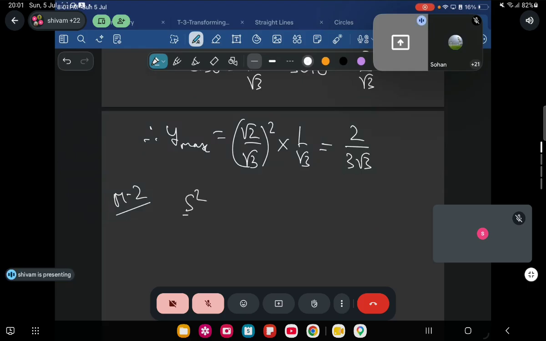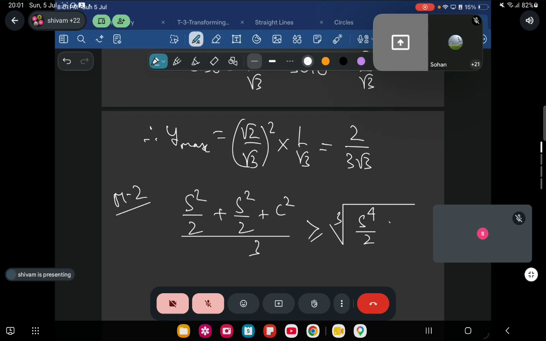Let us take sin square theta by 2 plus sin square theta by 2 plus cos square theta, divided by 3. This is greater than or equal to the cube root of sin square theta by 2 into sin square theta by 2 into cos square theta, that is cube root of sin to the power 4 by 4 into cos square.